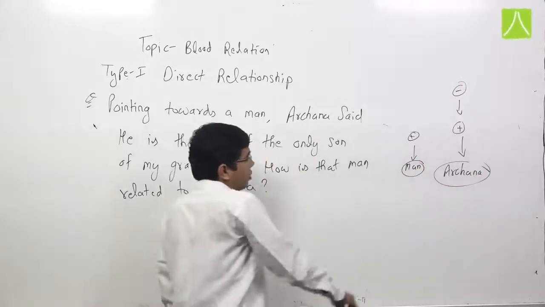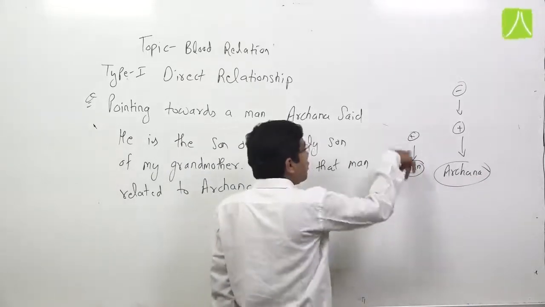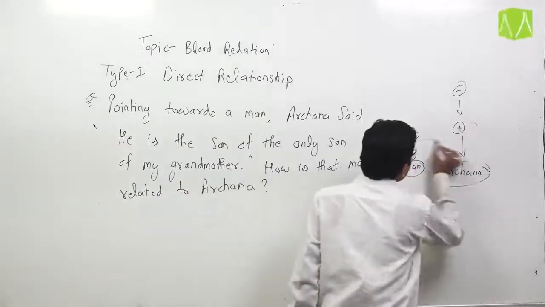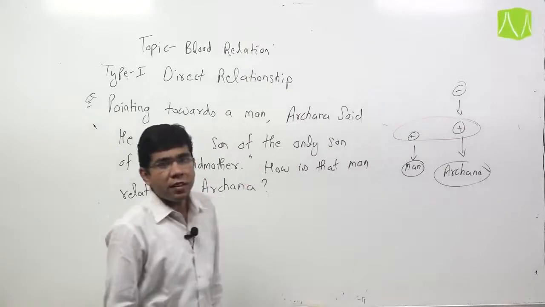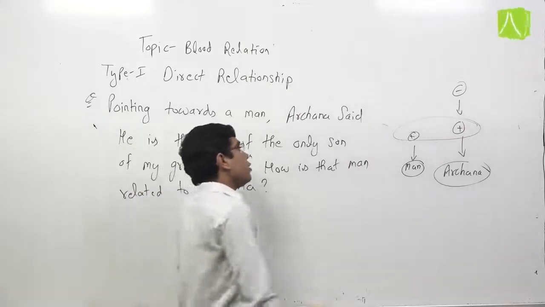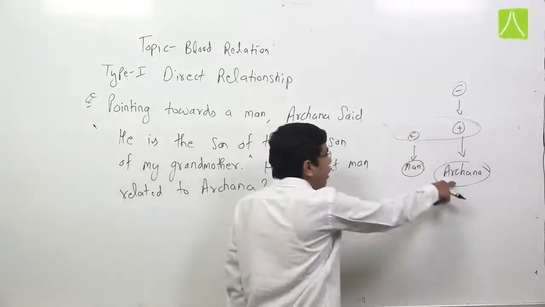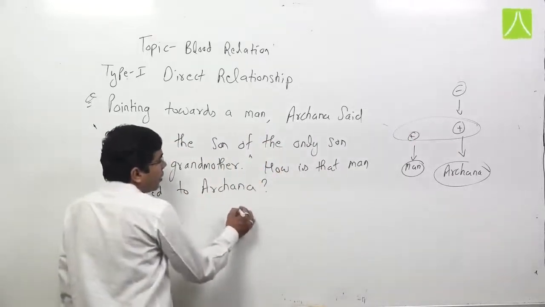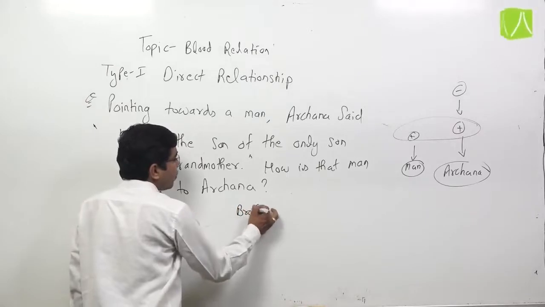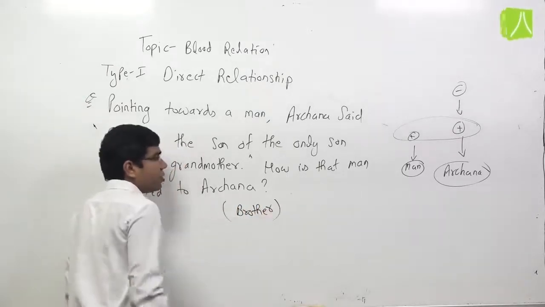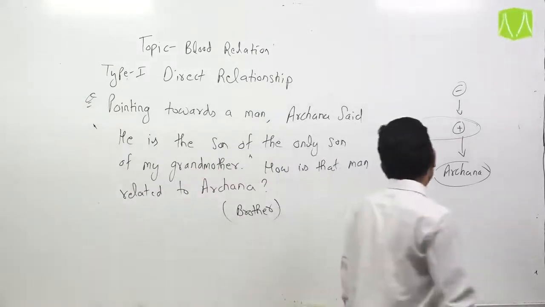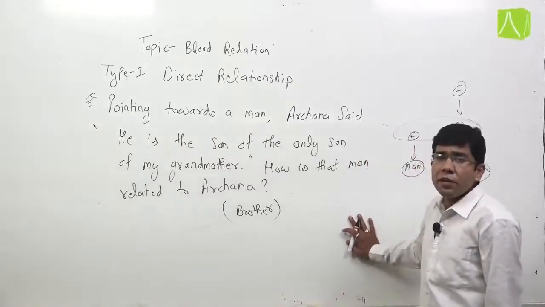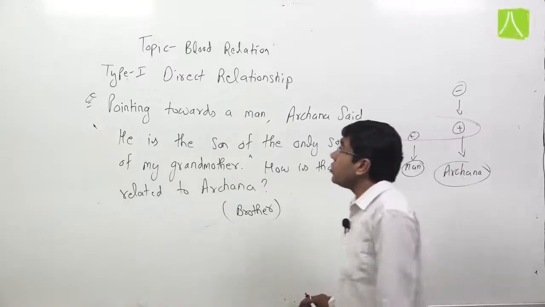So this man's father is the only son of Archana's grandmother. That means both persons are the same, so the father of this man and the father of Archana are the same. So this man is the brother of Archana. For this question, our answer is brother. These types of questions are based on direct relationship.